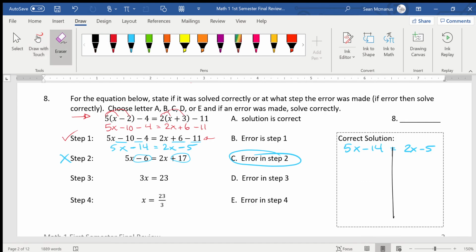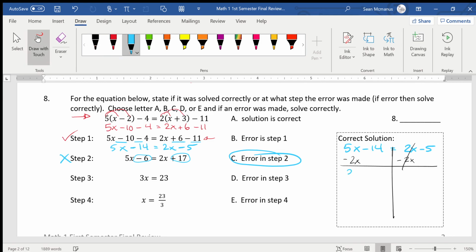Might be too far down there. So let's subtract 2x from that side to get rid of it, and the same over here. And then let's add 14 to get rid of this, and the same over here.